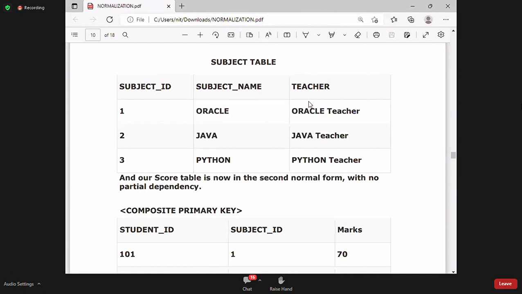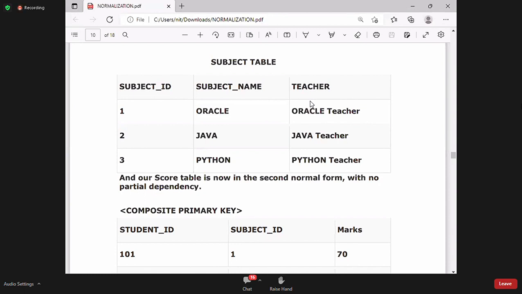Because what does second normal form tell us? No partial dependency columns. Now we can see the Subject table, no partial dependency. You can see the Score table, no partial dependencies. So that is what we said. Can you remember yesterday? Normalization is a technique of organizing the data into multiple tables. Now, multiple tables, yes or no? Yes.